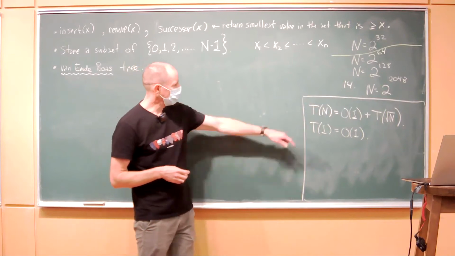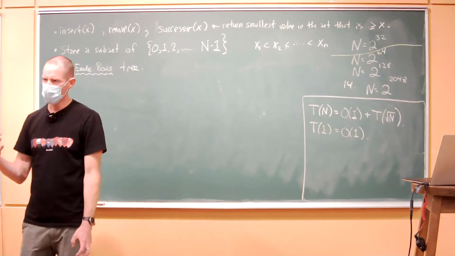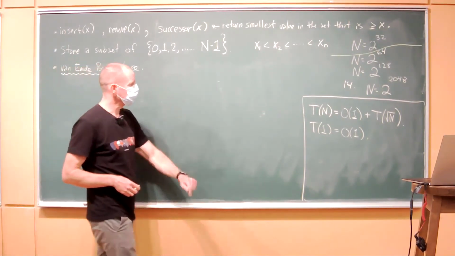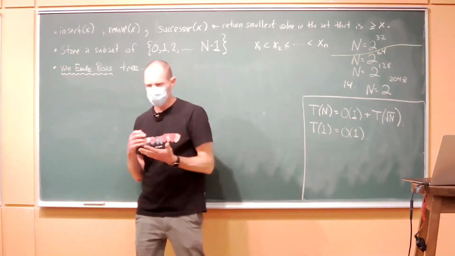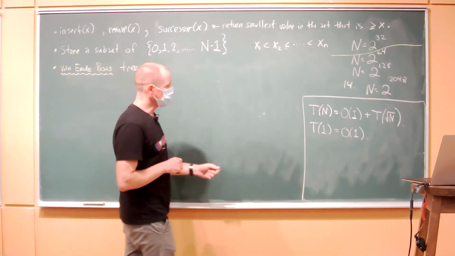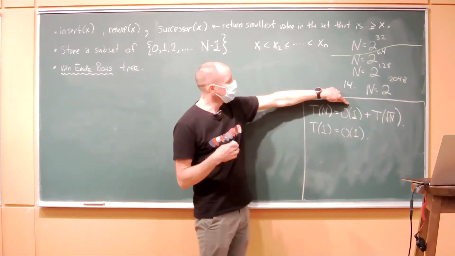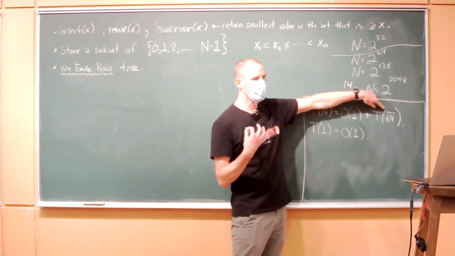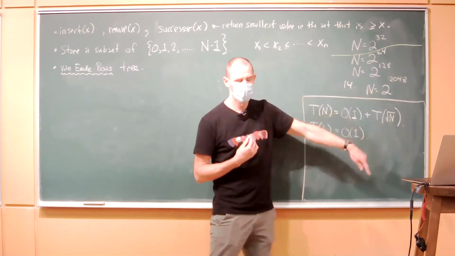So it takes our problem of searching or adding or removing from a universe of size N. And so we're going to have to do 3 algorithms, one for inserting, one for removing, and one for searching. And the way that they're going to work is they're going to do a constant amount of work. And in addition to that, they will recurse on a universe which is smaller by a factor of square root N.